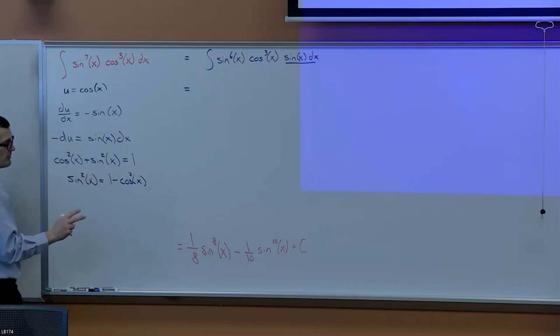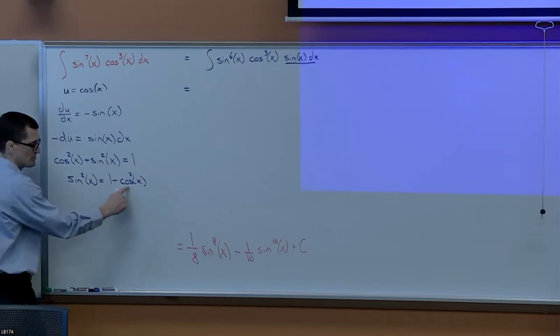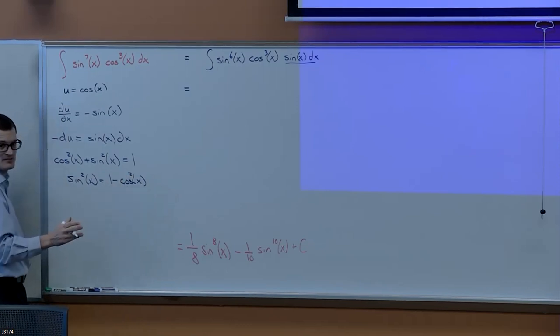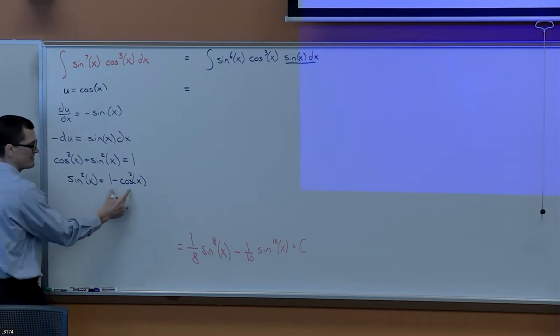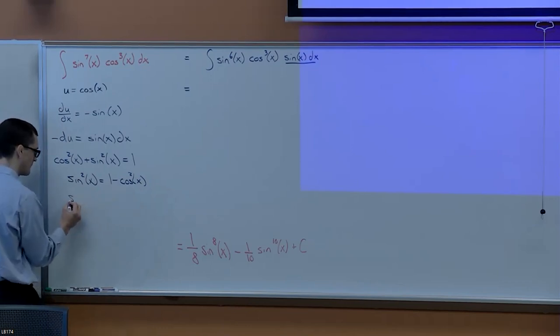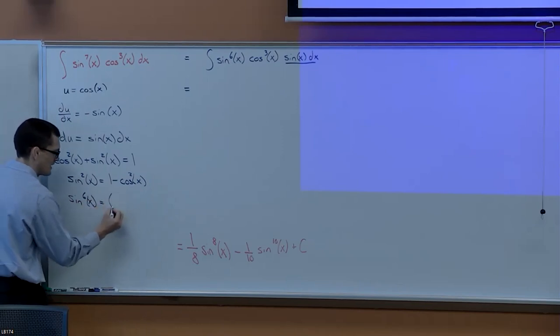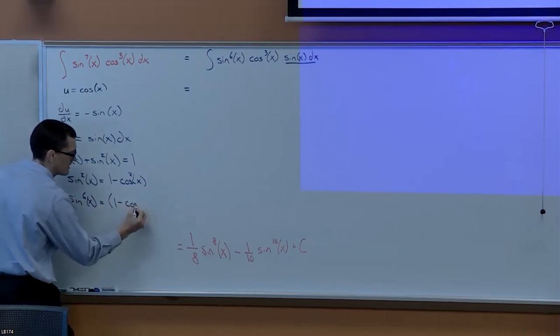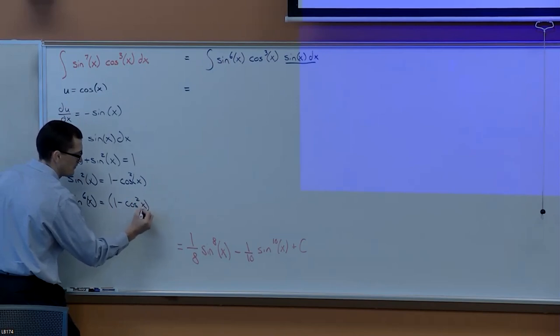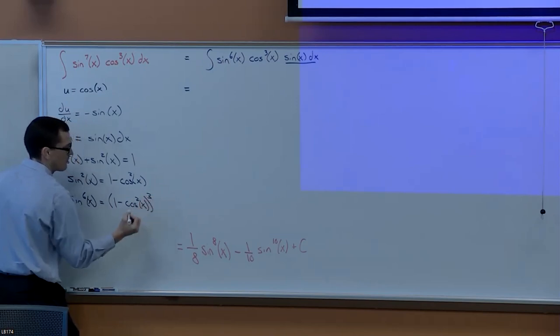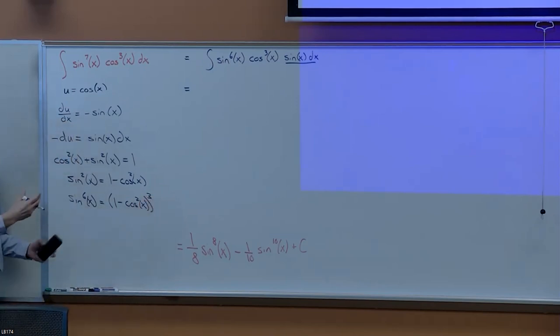A lot of people, when they do this, accidentally write cosine to the 6th power. That's not raised to the 3rd power. When I raise this to the 3rd power, it's 1 minus cosine squared raised to the 3rd power. I'd have to multiply it out.